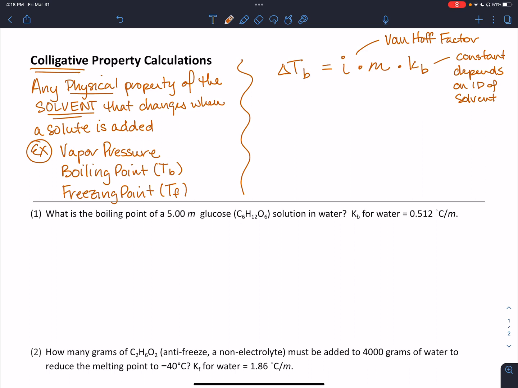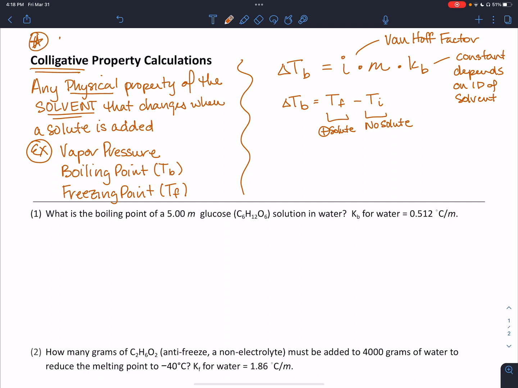Once we know the Van't Hoff factor, the molality, and Kb, we can use those values to calculate the change in the boiling point. Remember, that change is equal to the final temperature minus the initial. So the initial is with no solute, and the final is with the solute. Now, one of our main solvents that we use is water, so it's very handy to know the freezing and boiling points of water.